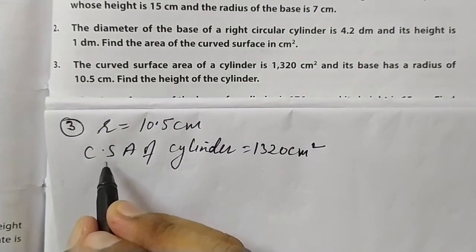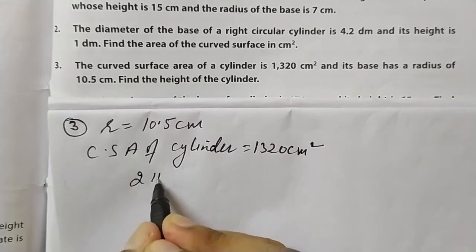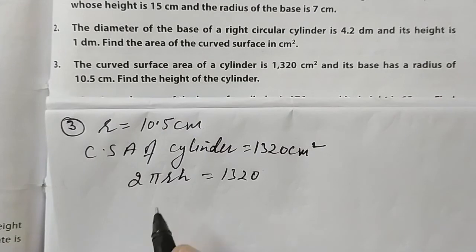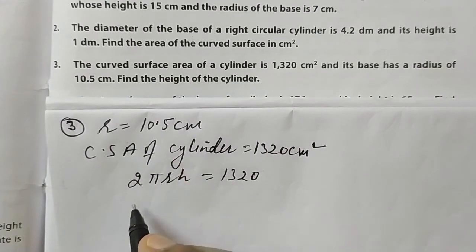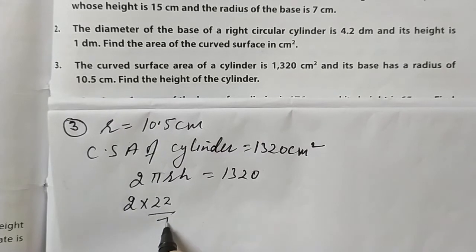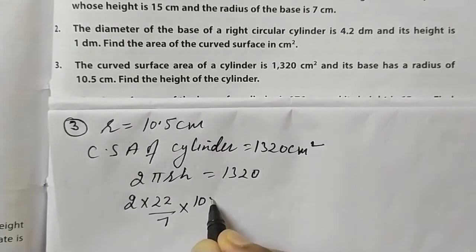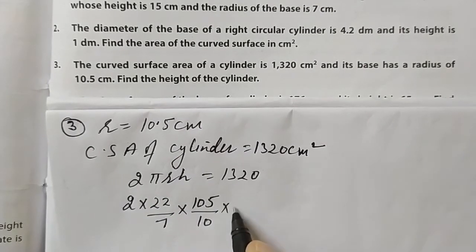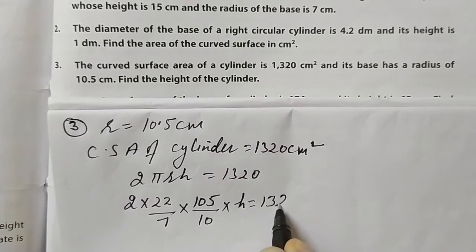So the formula for CSA is 2 pi r h is equal to 1320, right? So fill the value of r here. So we will have 2 into pi is 22/7, r is 10.5, and 10.5 can be written as 105/10. So remove this decimal, and then h is equal to 1320.